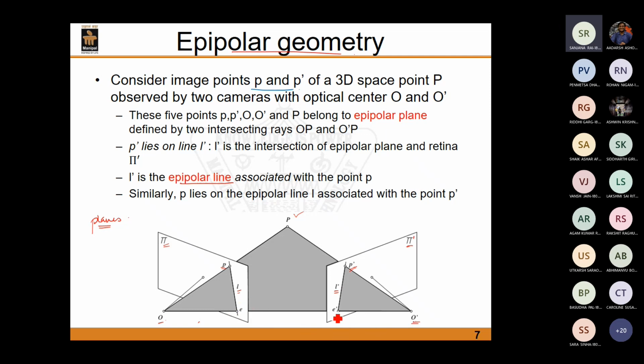Similarly, E dash is the point of intersection of the line joining O and O dash with the image plane pi dash. So these are the different parameters you need to be familiar with in epipolar geometry.